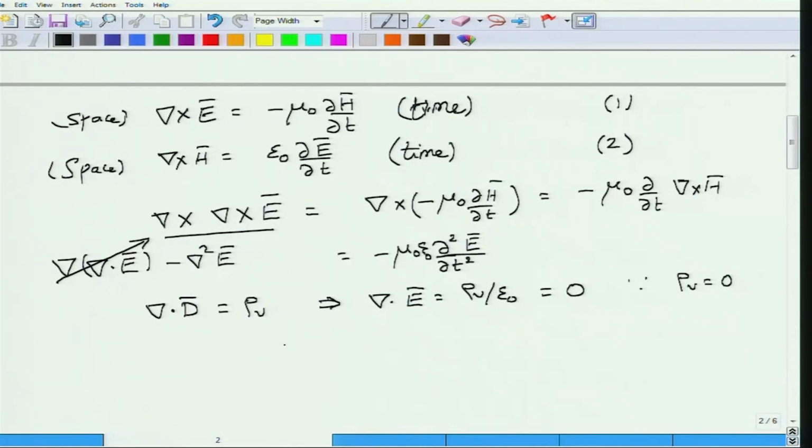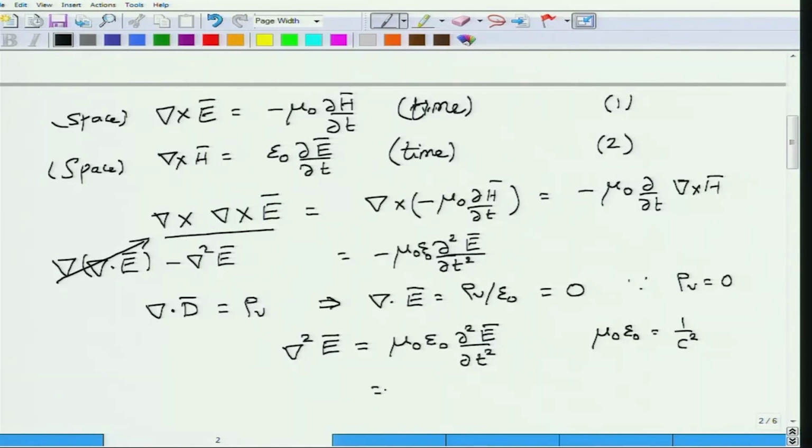So what I am left with is del square E is equal to, after cancelling the negative signs on both left and right hand sides, mu 0 epsilon 0 del square E by del T square. It turns out that if you actually calculate the value of mu 0 into epsilon 0, this will be equal to 1 by c square, where c is the speed of light in free space.